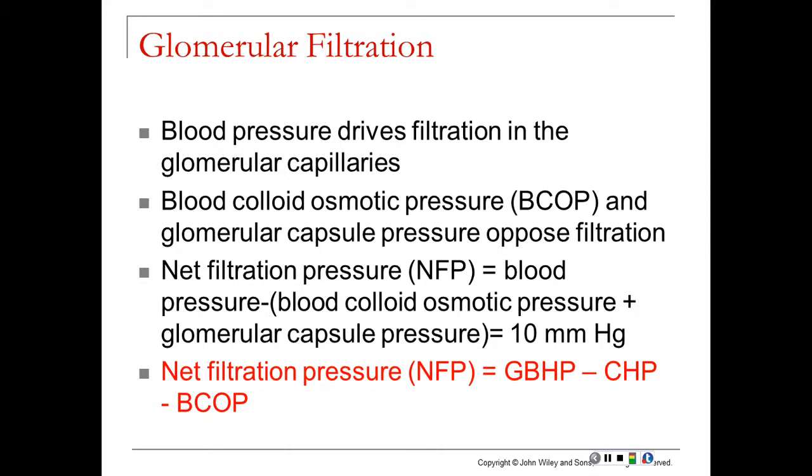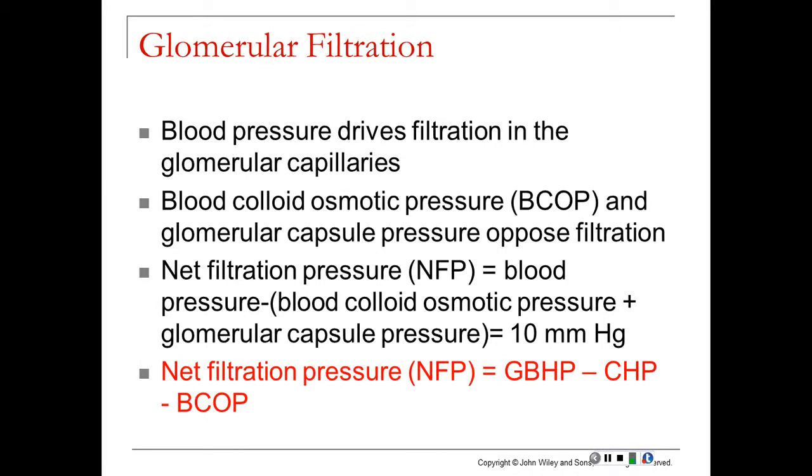The purpose of this is to push the fluid through that membrane into the capsule. I like to think of that GBHP, that glomerular blood hydrostatic pressure, as kind of the inertia of blood flowing through those arterioles, flowing through that afferent arteriole, and then the blood slams into those podocytes of the glomerulus, and all of the junk is knocked out of the blood. That's kind of how I think of it.